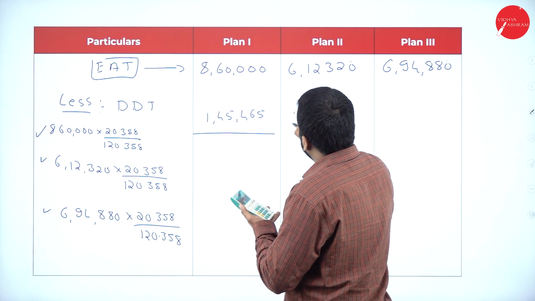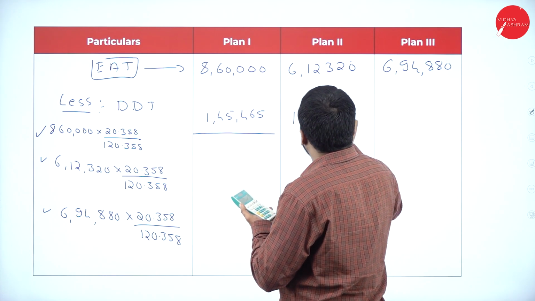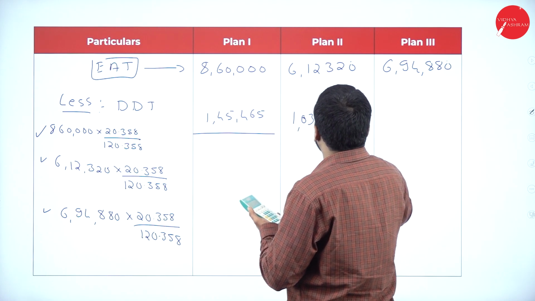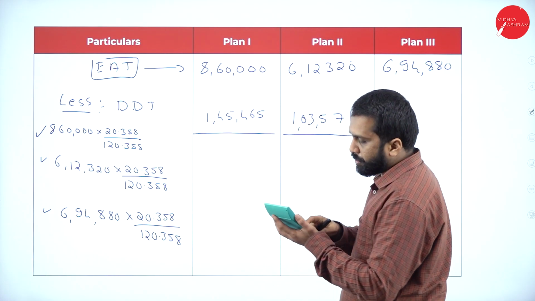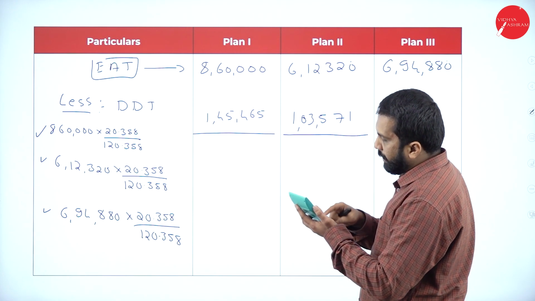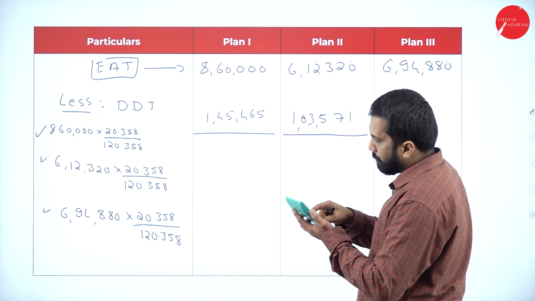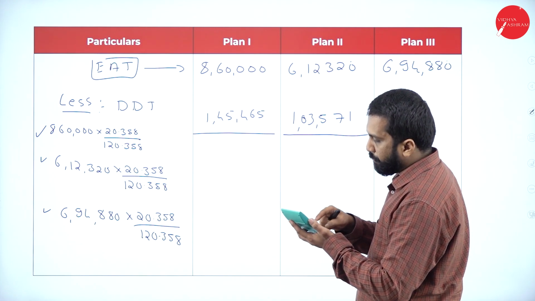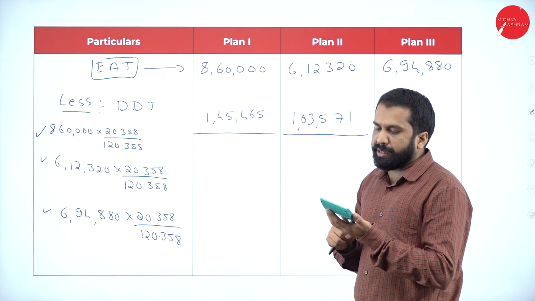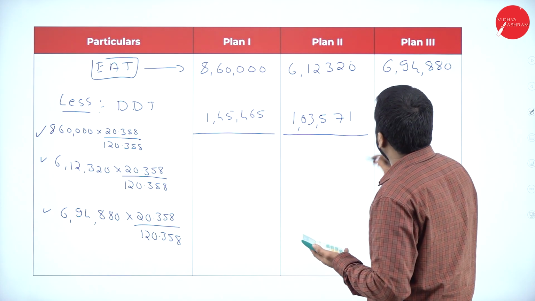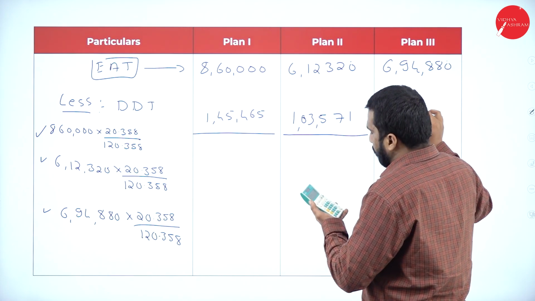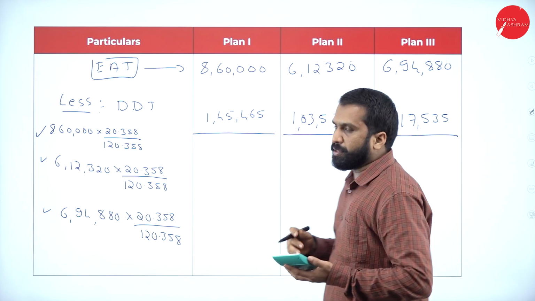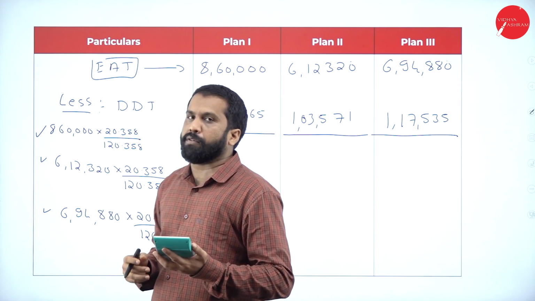I got 1,03,571. Last one, 6,94,880 multiplied with 20.358 divided by 120.358. I got 1,17,535. If it is more than 0.5, you can round it off also.